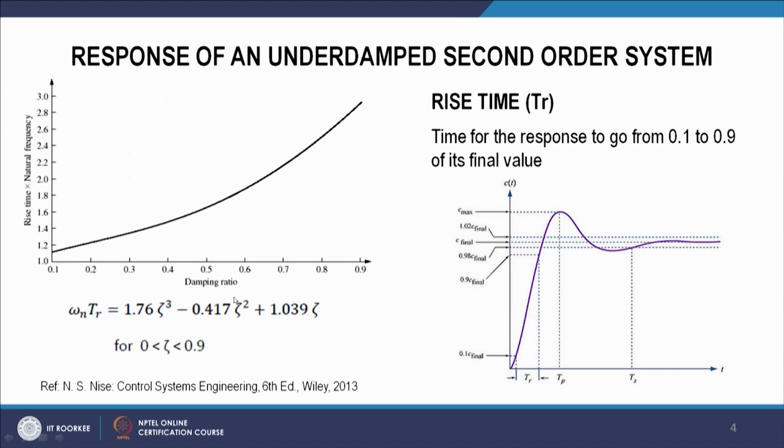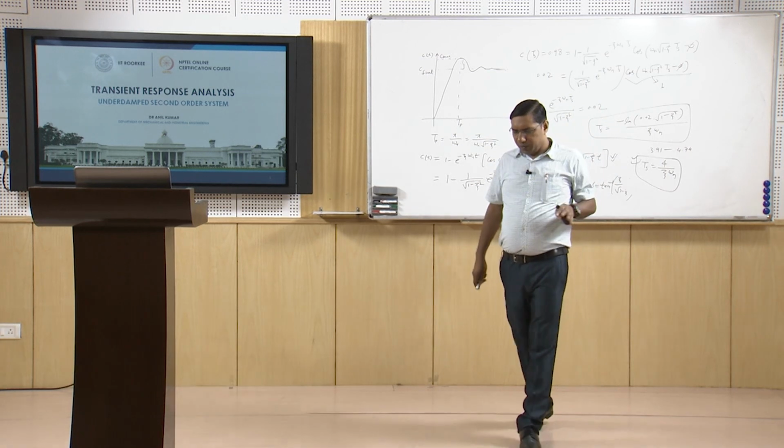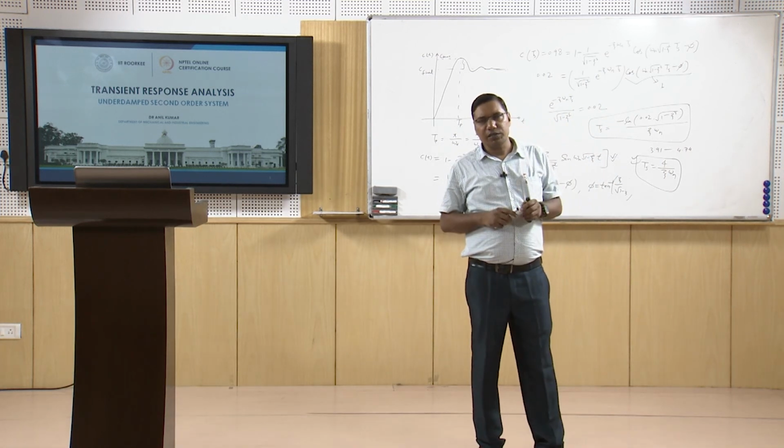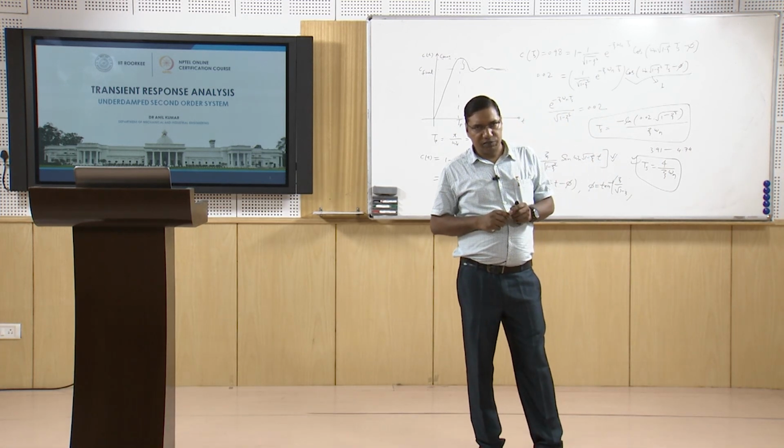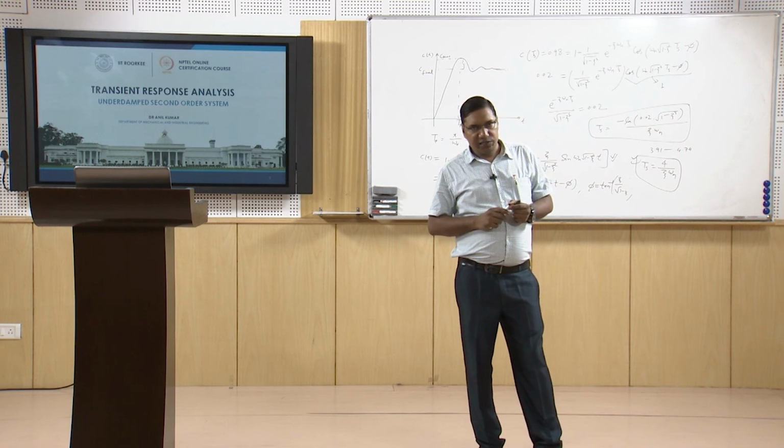So if we know the damping and frequency, we can calculate the rise time for the system. So we understand that for an underdamped second order system, we have four characteristics that characterize the response of the system.